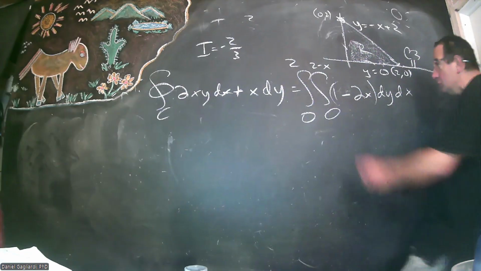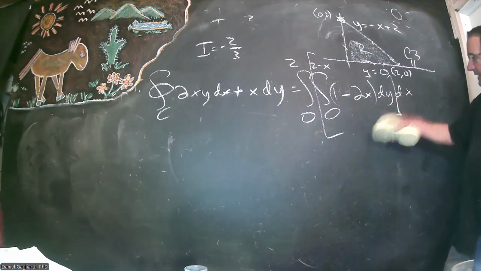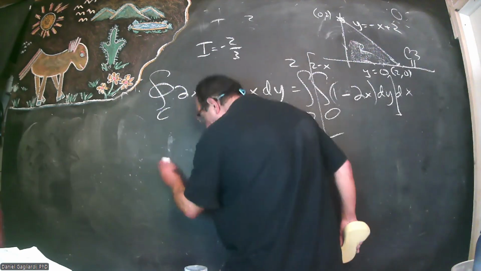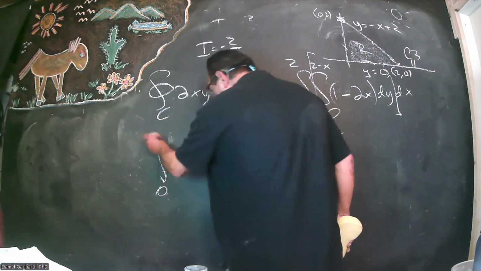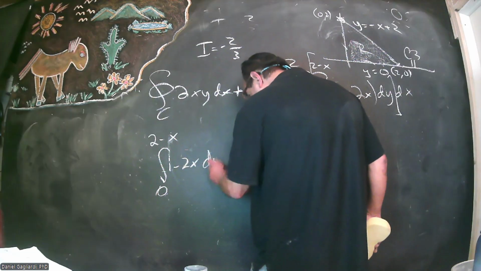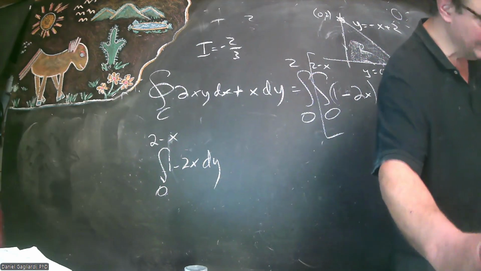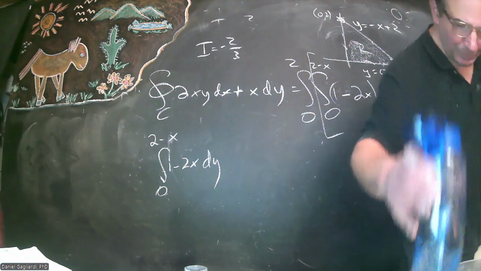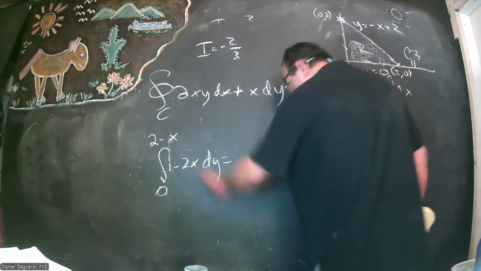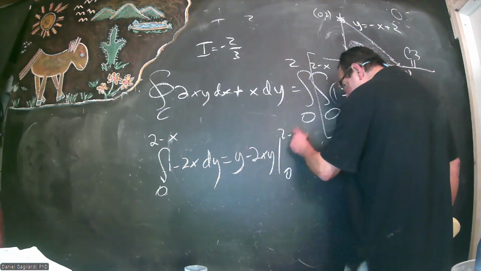All right, well, as usual, folks, we're going to do the inside integral. And then once we do the inside integral, we'll pop back and do the outside integral. So on scrap paper, we have the inside integral, 0 to 2 minus x, of 1 minus 2x dy. So that integral is a partial integral with respect to y. Well, that being the case, what do we have? We have y minus 2xy from 0 to 2 minus x.